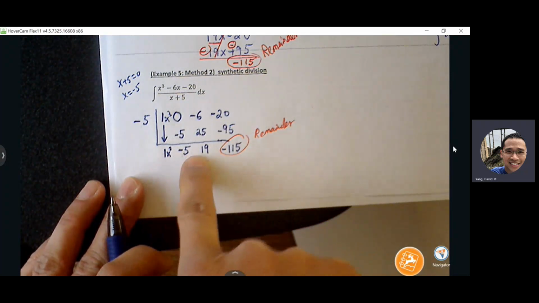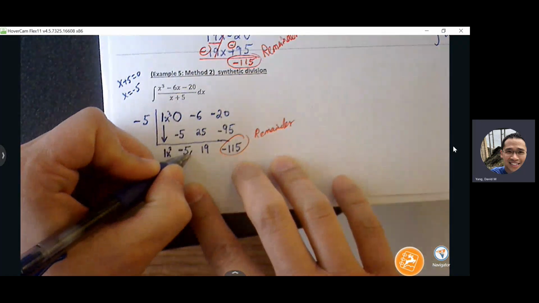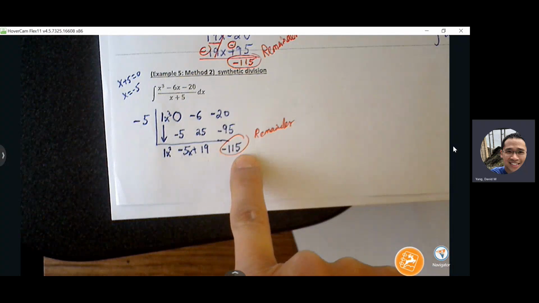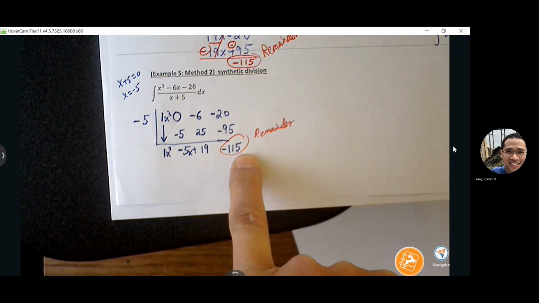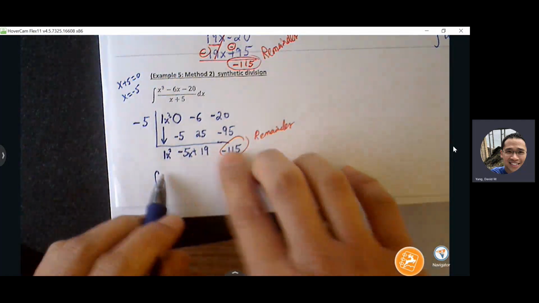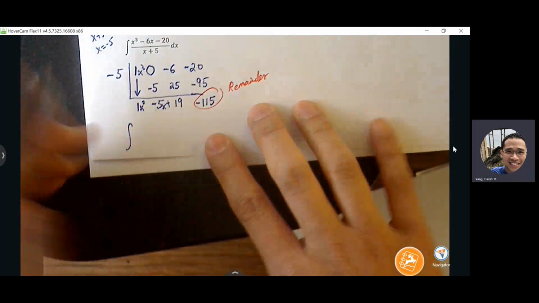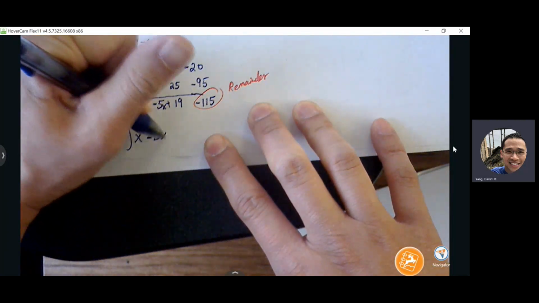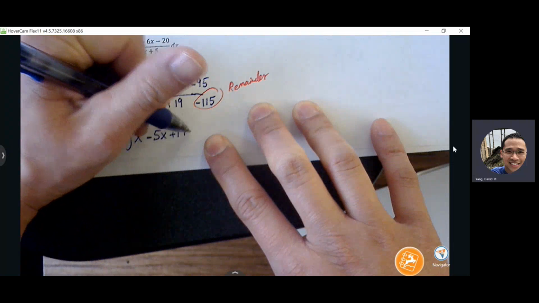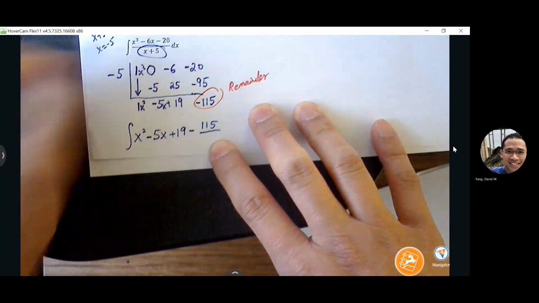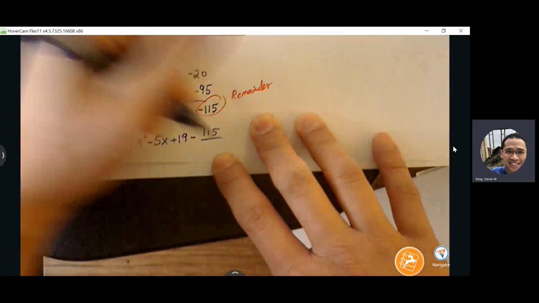So this is x squared, this must be x, this must be the constant, and this must be the remainder. This leads us to a problem that we can now solve. We get the integral of x squared minus 5x plus 19 minus 115 over my divisor.